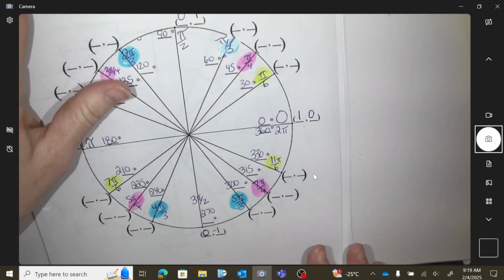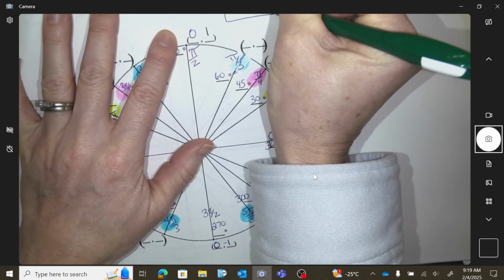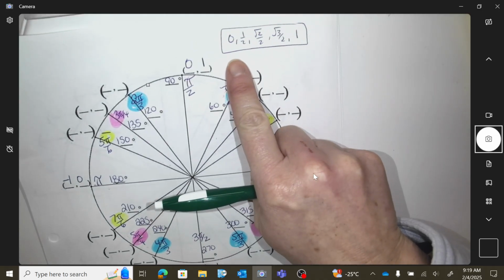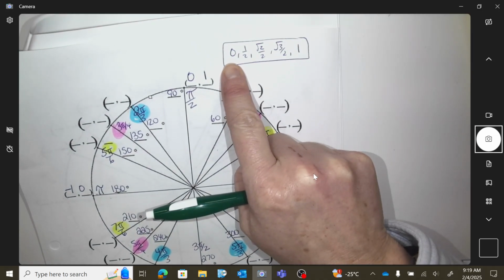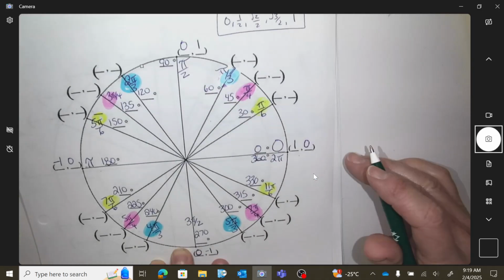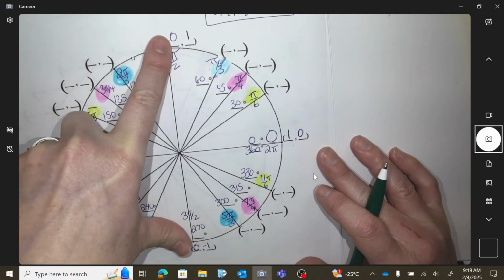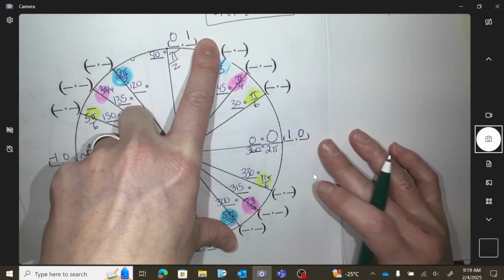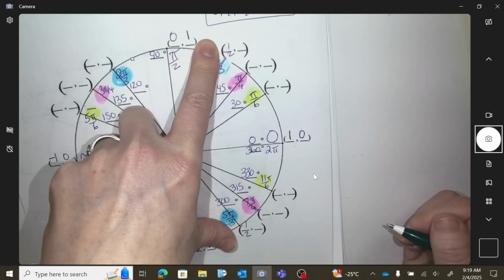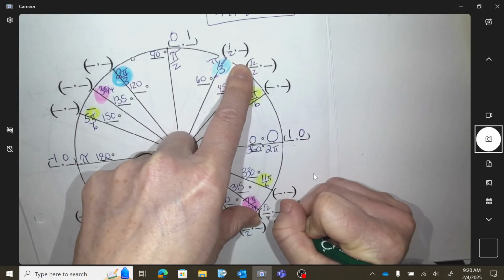Okay, our pattern on a unit circle, all this has to be memorized. Do you remember that pattern? Zero, 1/2, root 2 over 2, root 3 over 2, and 1. Okay, so here is what I showed you in grade 11. So I go x. So if x is 0, head over. So these have a 1/2 x. Head to the right, root 2 over 2 x value.